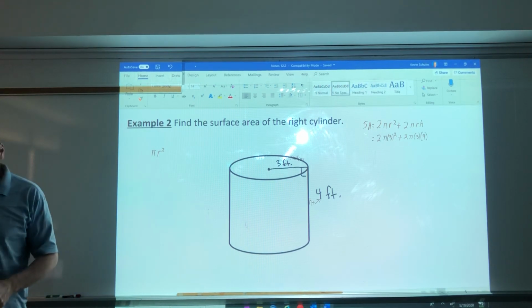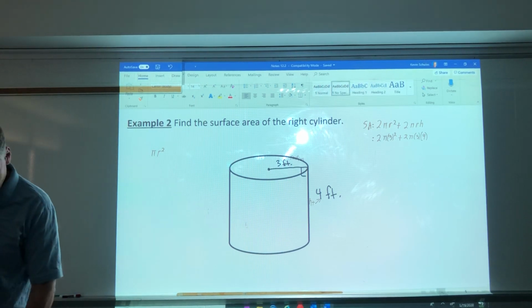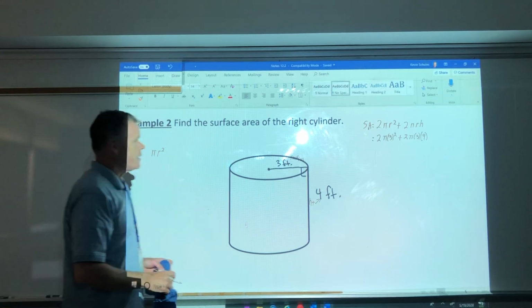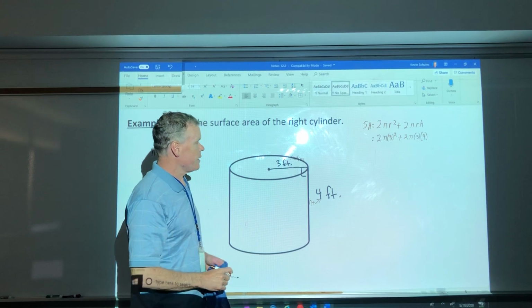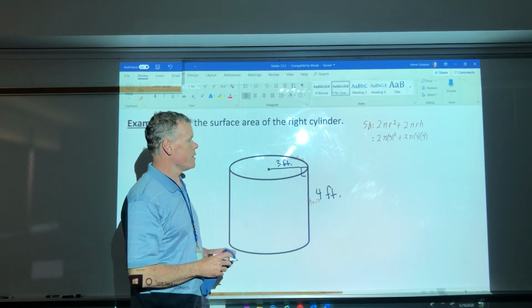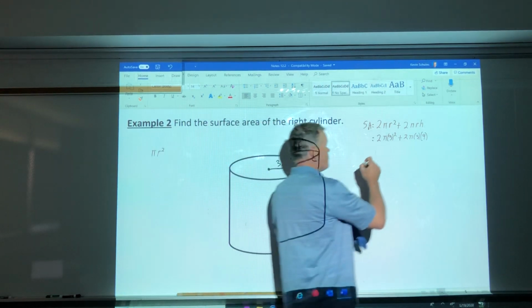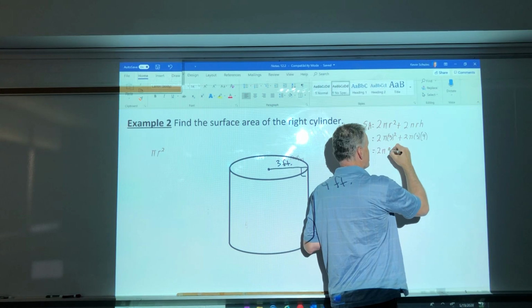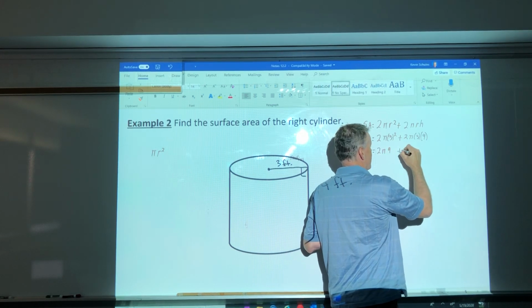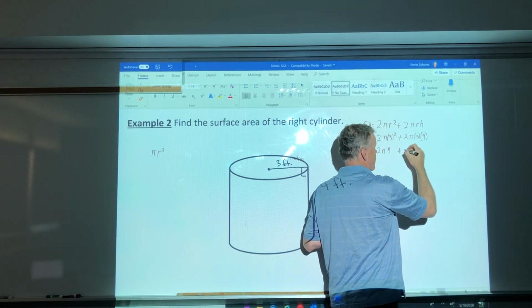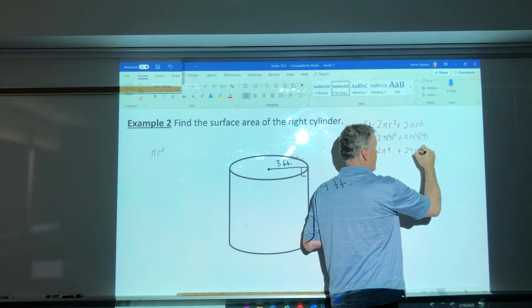And when you put this formula together in a calculator, if you want to leave it in terms of pi, you would end up getting 2 times pi times 9, which is 18 pi, plus 2 times 3 times 4 is 12 times pi, which gives you 24 pi.